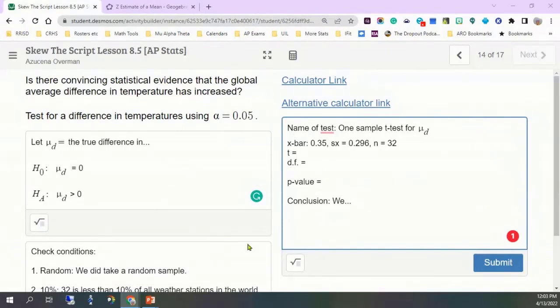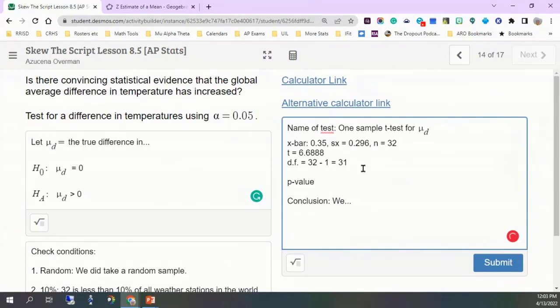So the p-value, let me go back to the t-test. So our test statistic is 6.688. And once you start getting high, like 4 or 5 for your test statistic, you know that's an issue. We had 32 weather stations minus 1, so we get 31 as our degrees of freedom.